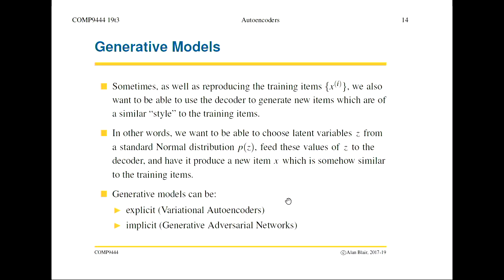We have the same issue here, that the autoencoders that we've discussed so far are mainly intended to just reconstruct the original image. But if we make slight changes, maybe we can use this kind of model to also generate new images.